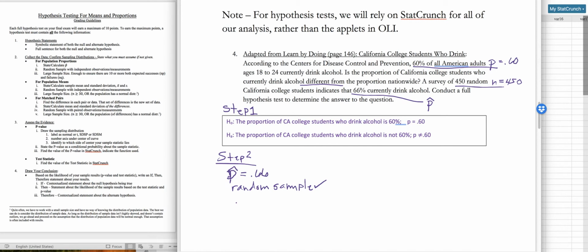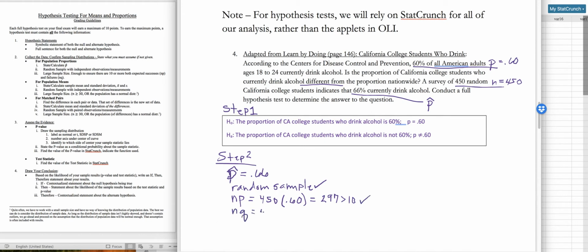And now the last thing is we need to note that our sample size is large enough to ensure that we have 10 or more both expected successes and failures. So np for this problem is 450 times, we assume H0 is true, so p equals 0.6, which gives us 297, which is certainly bigger than 10, so we're good to go there.